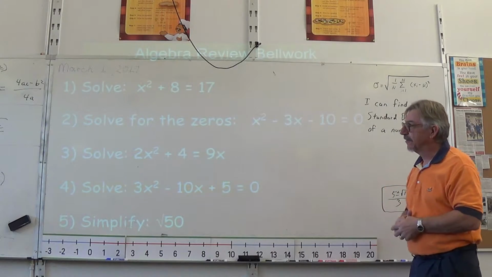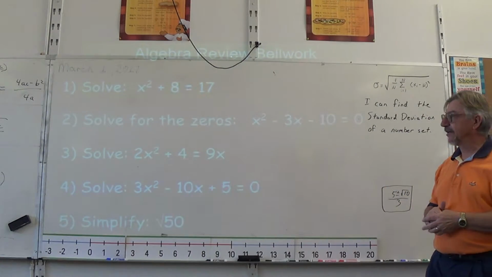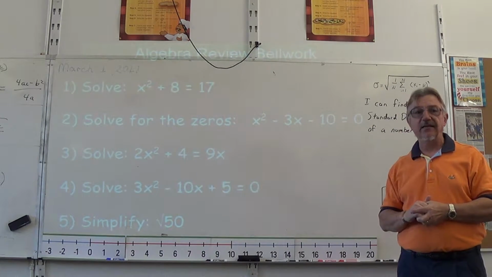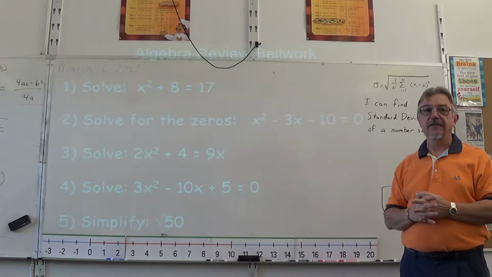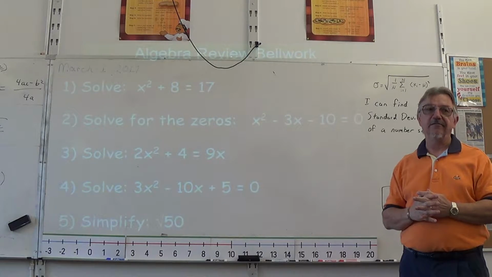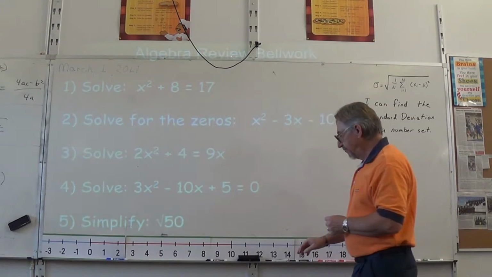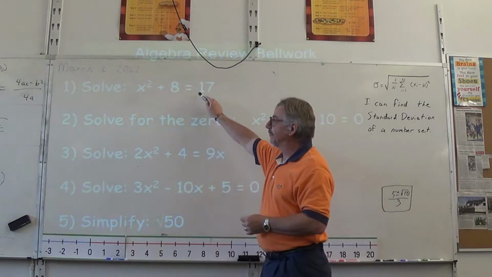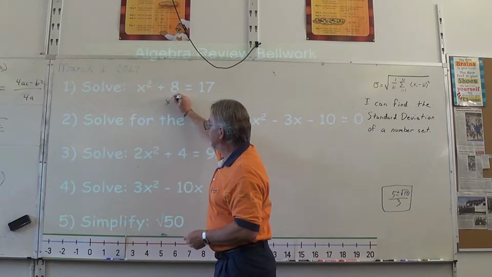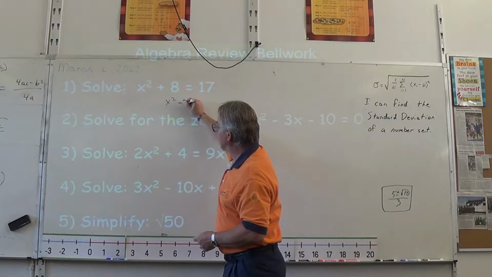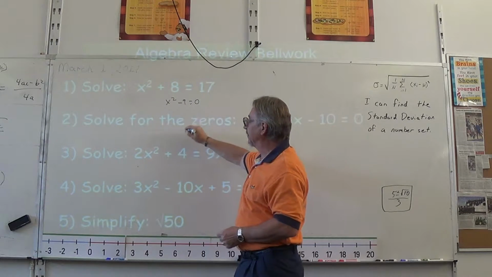Number 1, we're solving for x squared plus 8 equals 17. What do you got, Frank? I got plus or minus 3. That's what I got. Okay, good, because we have to put our 17 over here, so we have x squared minus 9 equals 0.